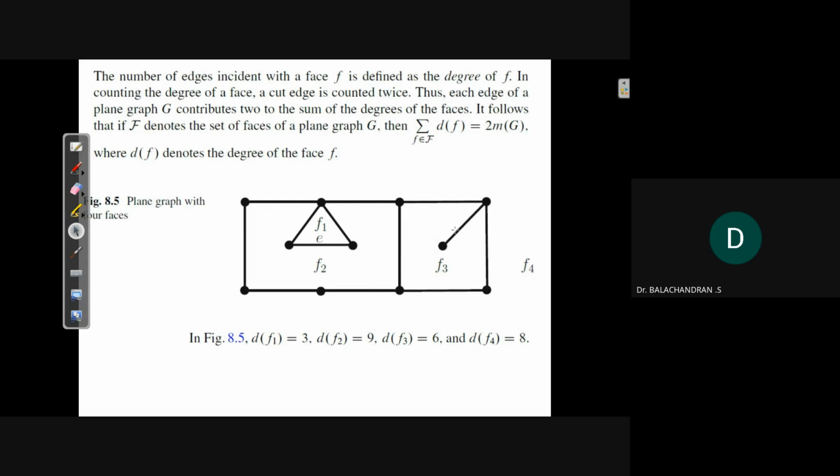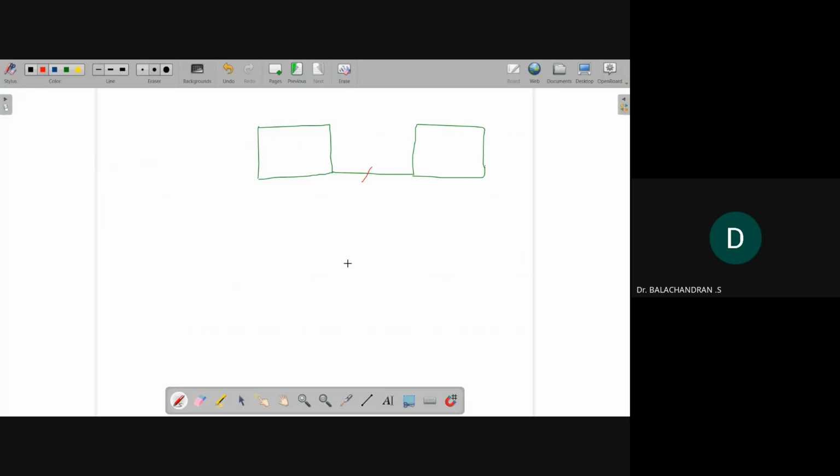I'll put a diagram. Suppose you have a graph like this. If I remove this edge, the resulting graph has this vertex disconnected from the remaining part of the graph.